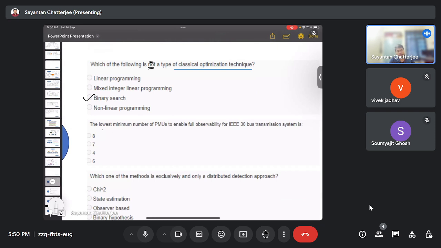What is the minimum number of PMUs to enable full observability for the IEEE 30 bus transmission system?